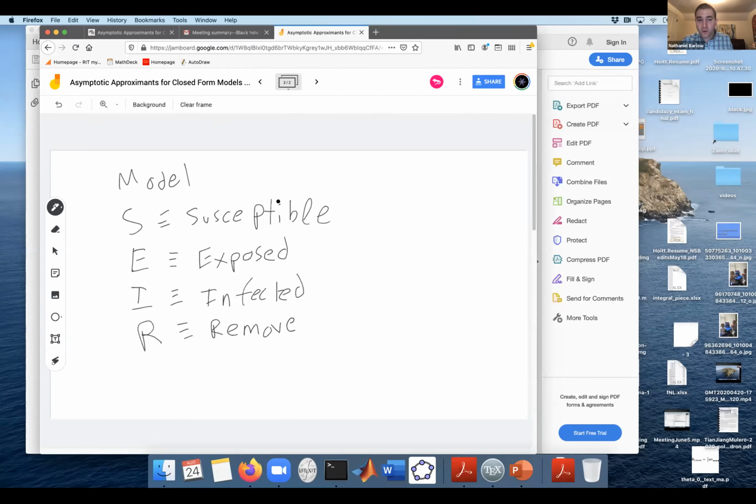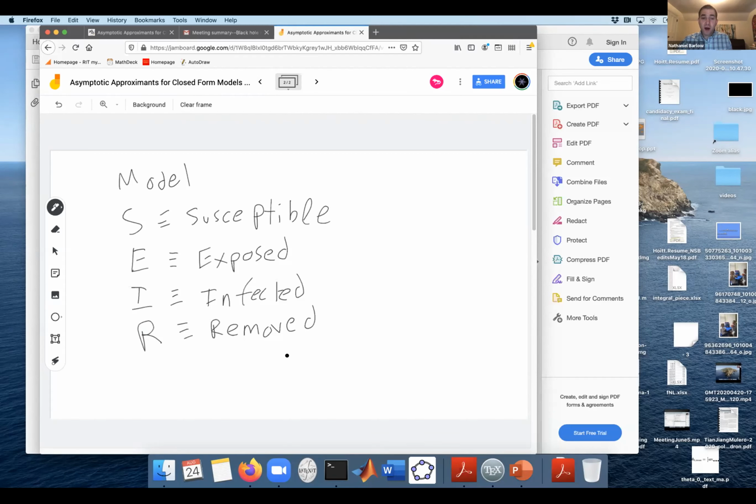These are four different populations; they basically split the population into four different categories: susceptible folks who can get the virus but have not yet; those that have been exposed to it; those that have been infected; and those that have either recovered or unfortunately passed away. So these are the four categories of people that it splits it up into.